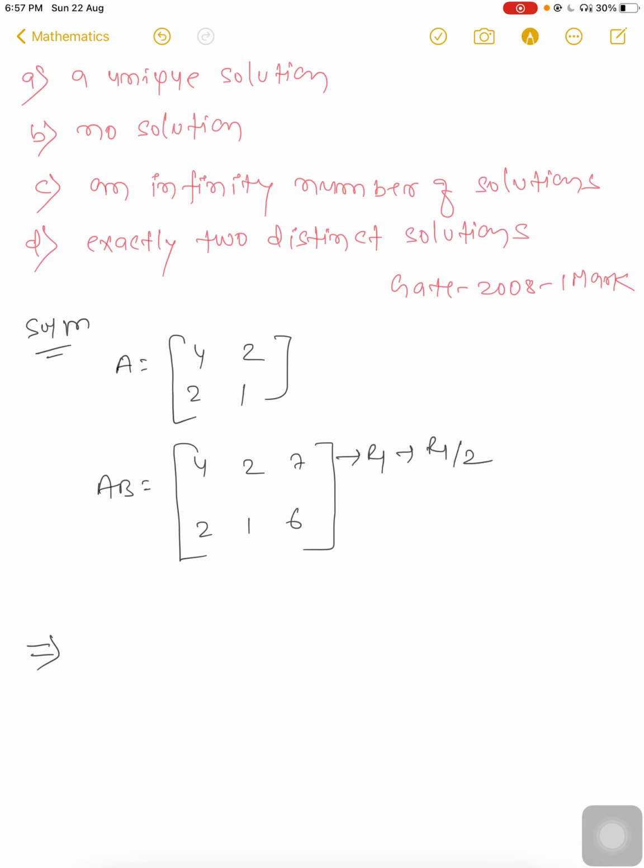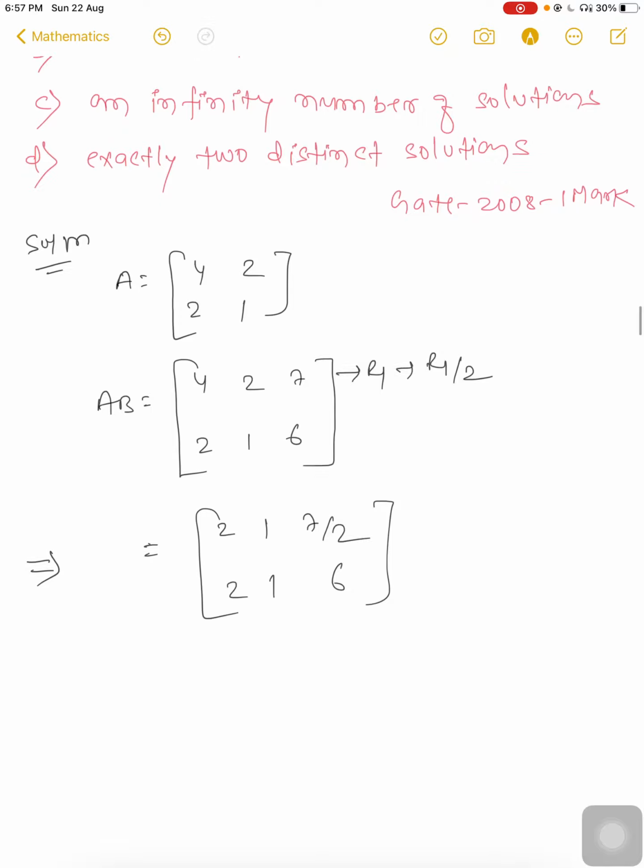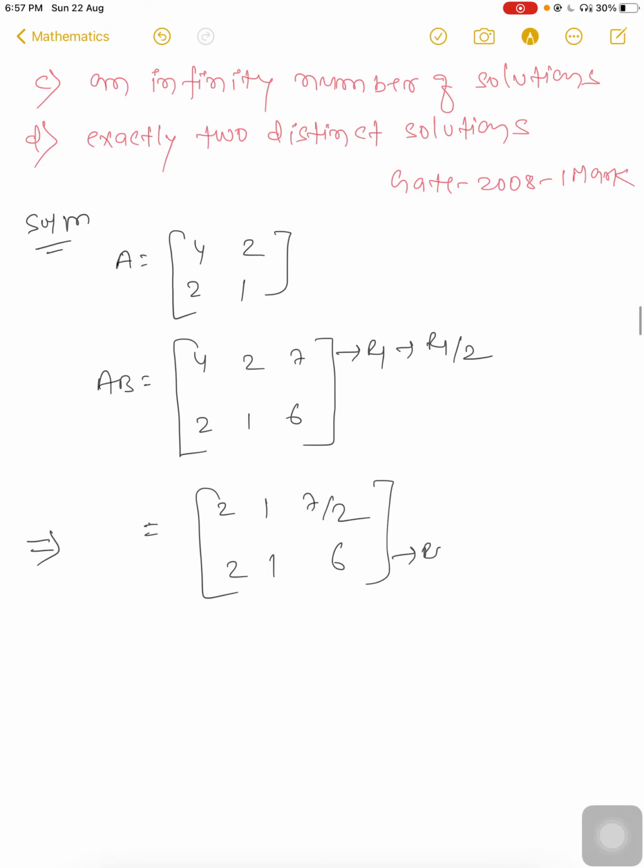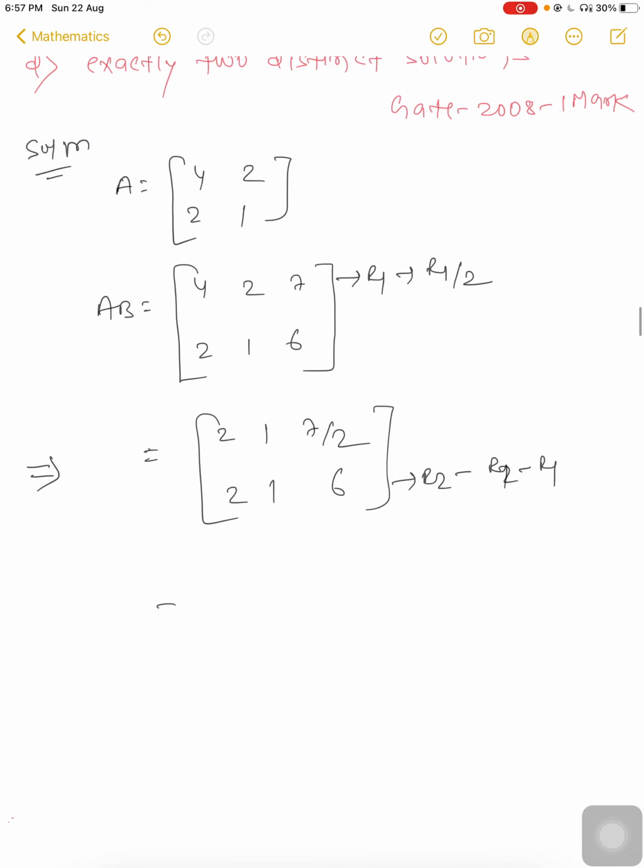First make R1 by R1 by 2. Okay, then you will get R1 by 2. Then what will happen? 2 1 7 by 2 and 2 1 6. Now make R2 minus R1.